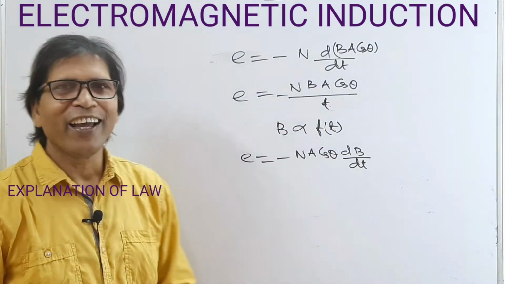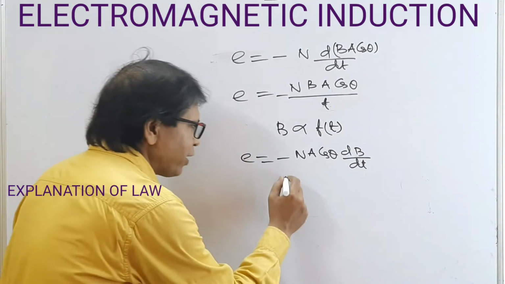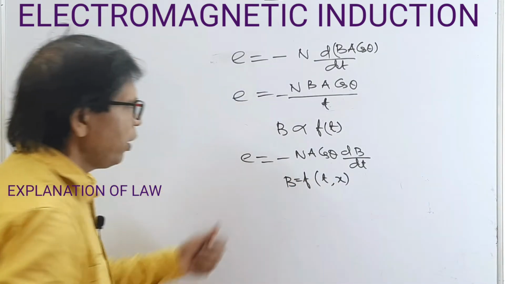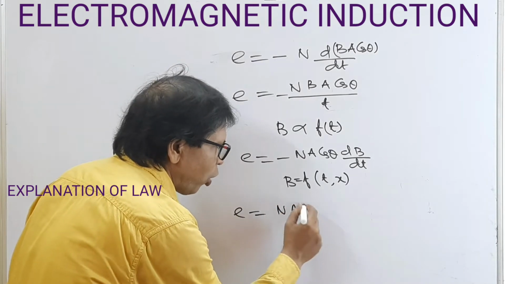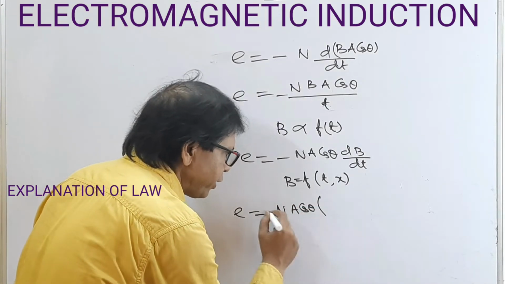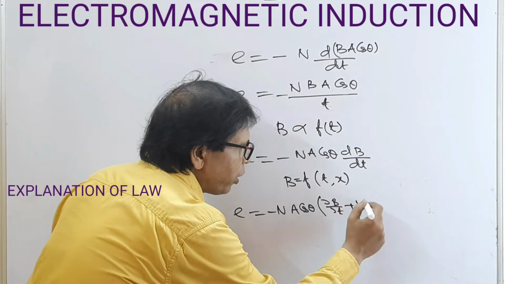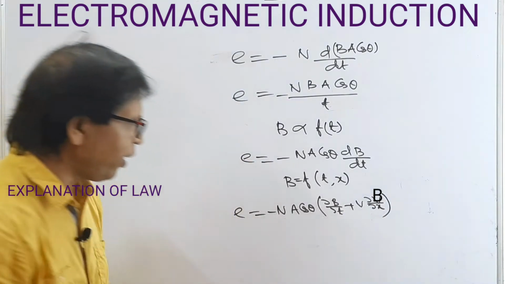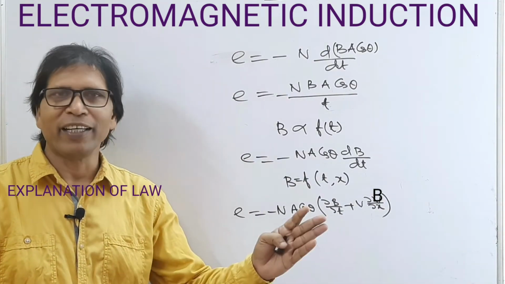When the magnetic field is a function of both t and x, then EMF E equals minus NA cos theta times (del B by del t plus v into del B by del x). This is also an important relation for EMI.